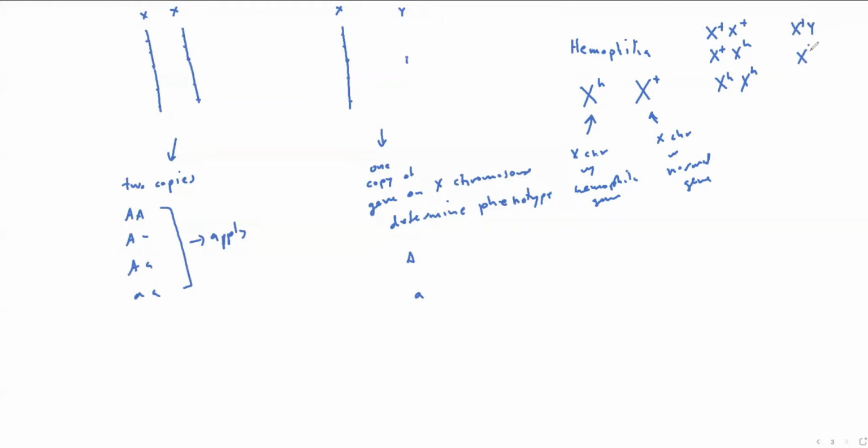Or you could be X h Y, in which case you're affected. This would be affected, right? I know that you've already read through this in the textbook, and so you're pretty well versed on how this is working. A couple of things about this.